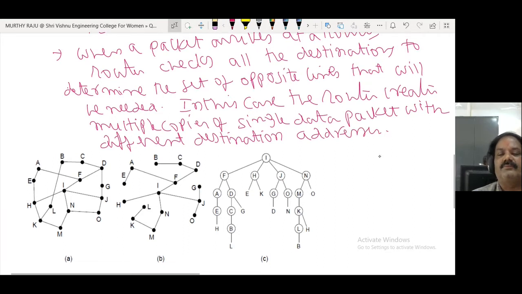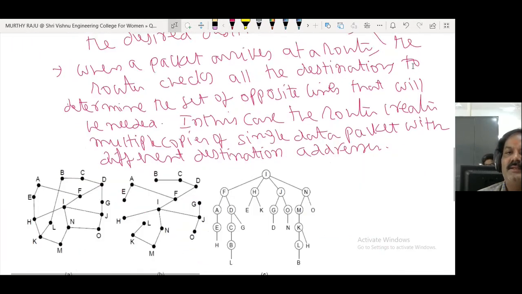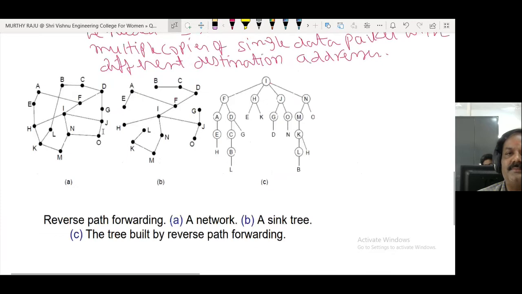These are the three methods. The packet itself contains multiple destination addresses. The router creates multiple copies of a single data packet with different destination addresses. This is multi-destination routing.